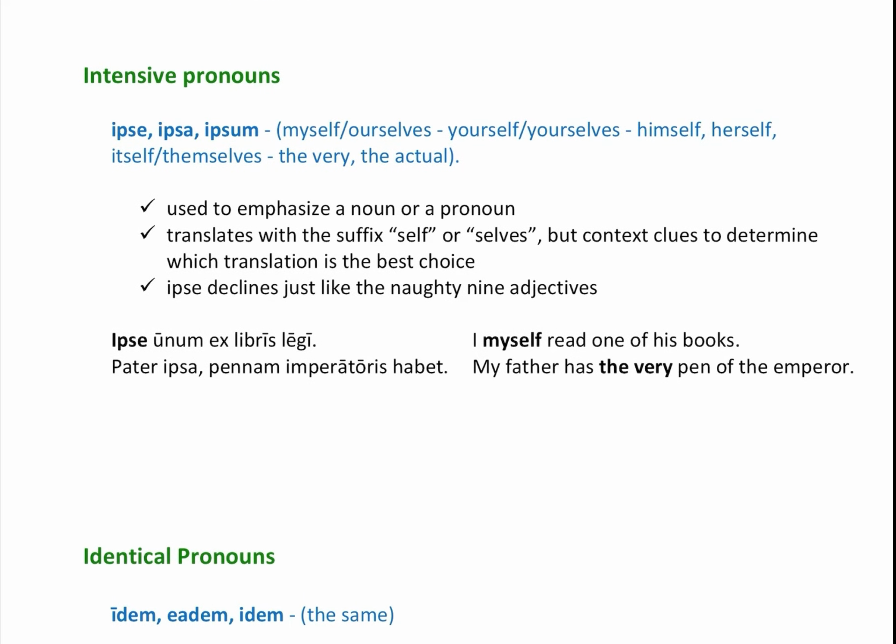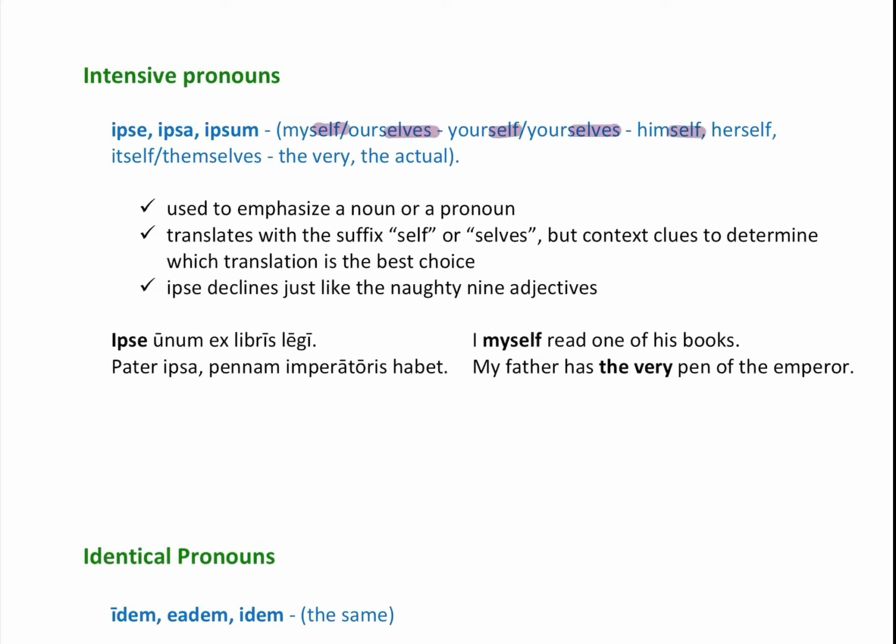We also learned an intensive pronoun called ipse, ipsa, ipsum. It means myself or ourselves, yourself or yourselves, himself, herself, itself, themselves, the very or the actual. And it's used to emphasize a noun or a pronoun. And remember what it has in there? This is the one we just learned a few weeks ago. Self, right?